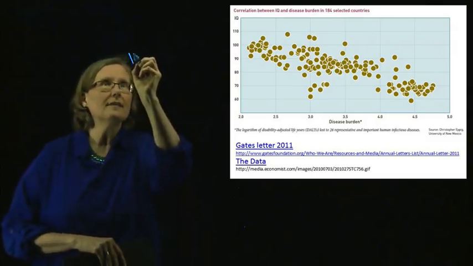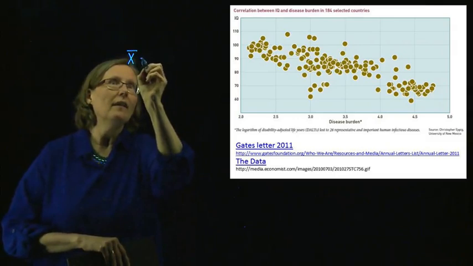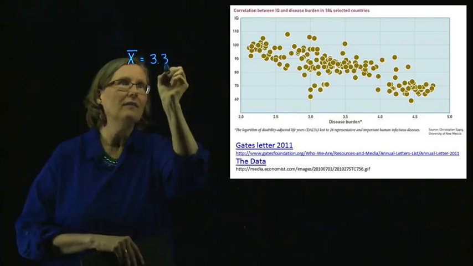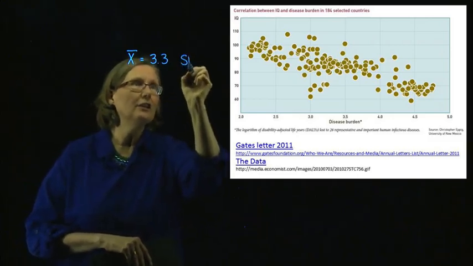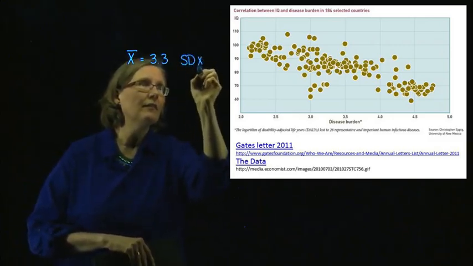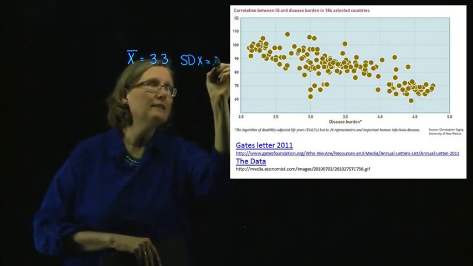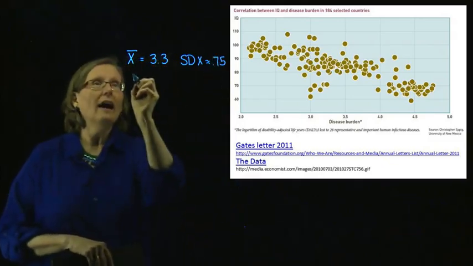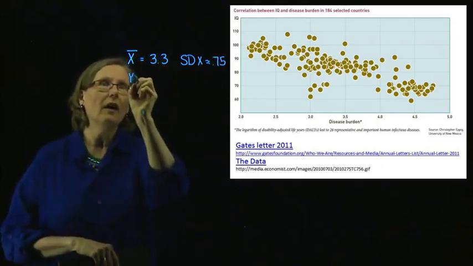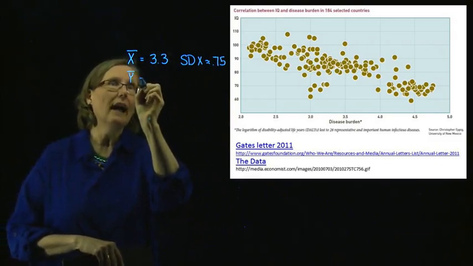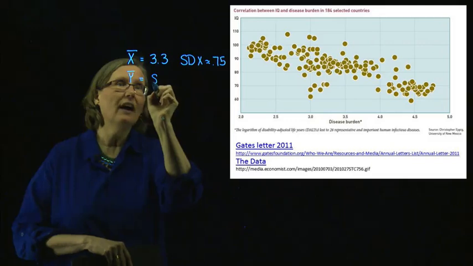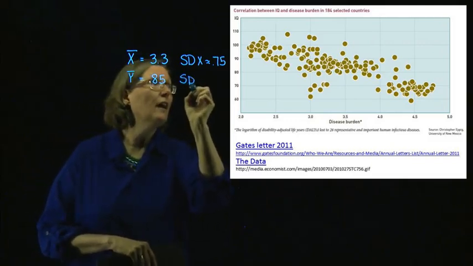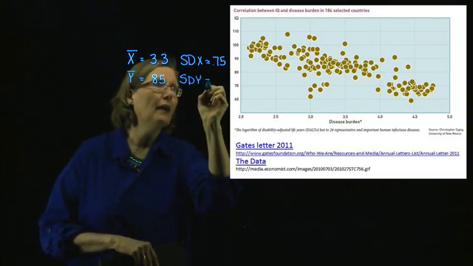So looking at that scatter plot, the mean of disease burden is about 3.3, and the standard deviation is about 0.75. For IQ, on the y-axis, its average is about 85, and the standard deviation of y is about 10.